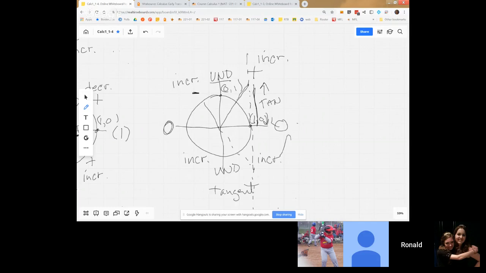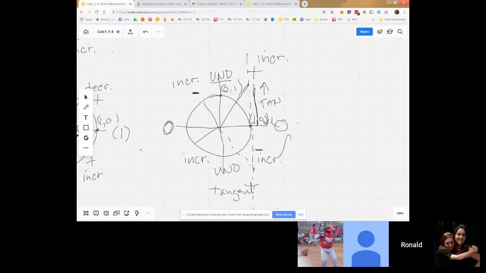All 4 quadrants are increasing. That is really strange. Down here it's going to be negative and it's increasing, and over here it's positive and increasing.